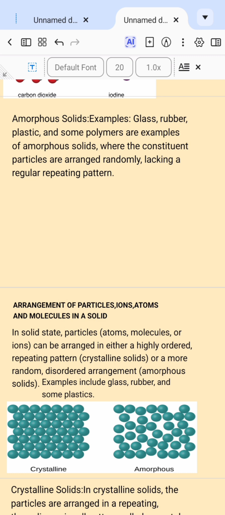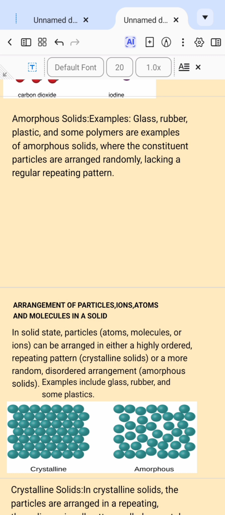As we can see in this diagram, the particles in crystalline solids are well arranged. This forms the basis on which their properties arise, and we can see a repeated pattern, which gives solids a rigid or definite shape.